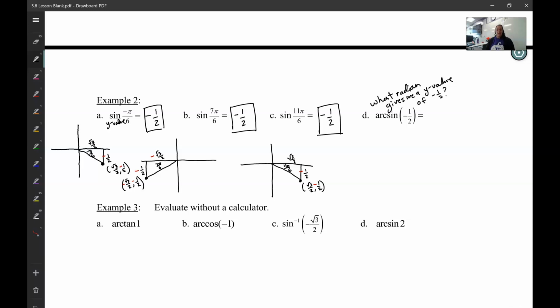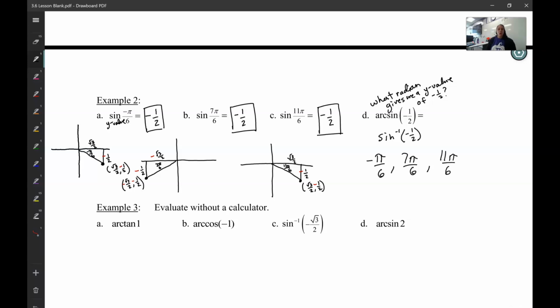That's what this means in words. Whenever you find arcsine of negative 1/2 or inverse sine of negative 1/2, same thing, it's saying what radian measures give me a y value of negative 1/2. But if I look here, I had 3 radian measures that all gave me the answer of negative 1/2.